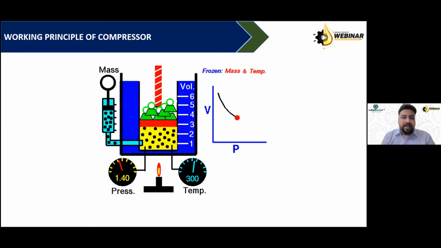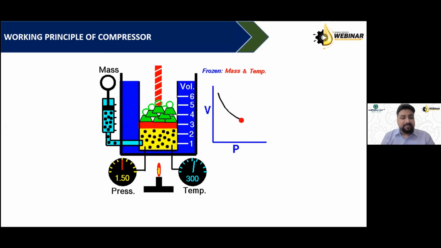However, in actual reality and the practical applications of compressors, the temperature doesn't remain constant, because when you apply pressure, there would be an increase of temperature of the working media or the in-service fluid. So the temperature won't remain constant and it would keep increasing.